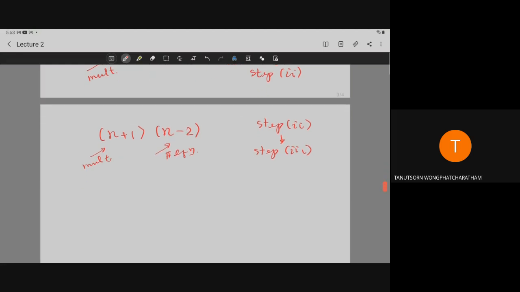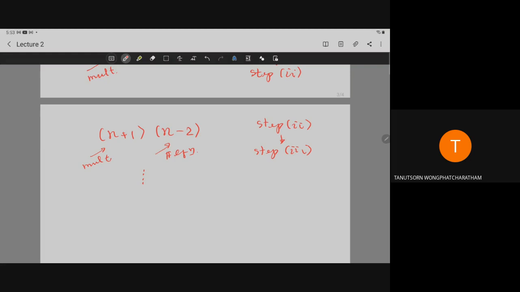But in general, basically we have to work from 3 equations to 2 equations, right?